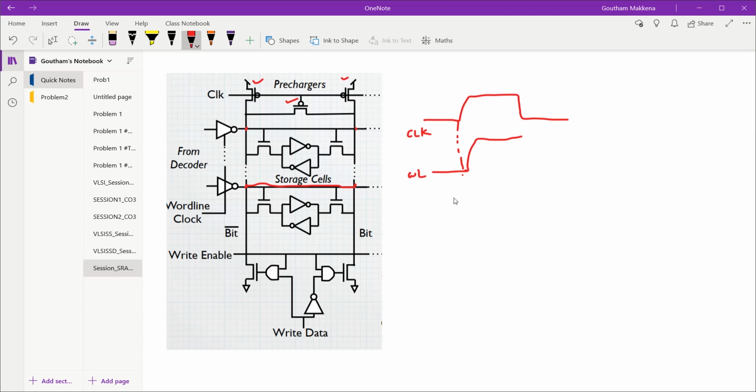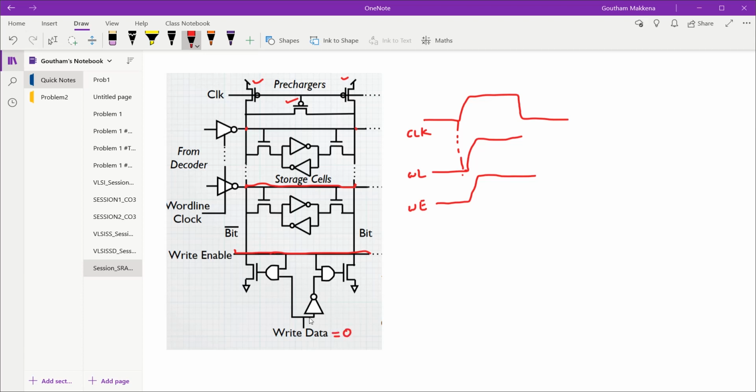Before that let us try to understand the differential write driver. Once the word line is selected and a particular storage cell is selected, the CPU immediately gives out the write enable signal as well. This is write enable, which is nothing but this particular signal. When this signal is high, suppose I want to write a data 0.